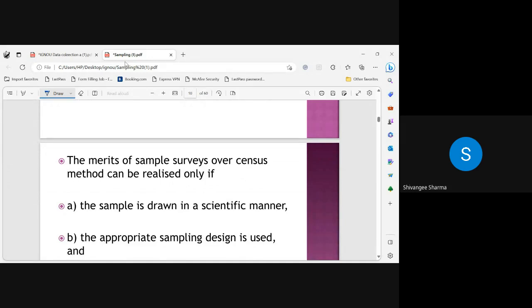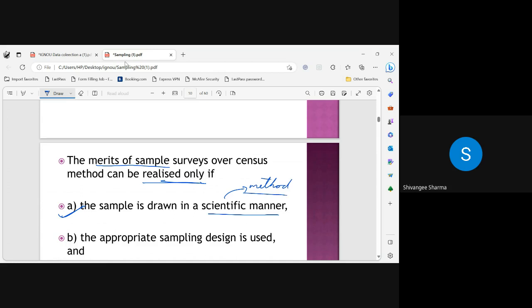Now, these were the merits of sample surveys, but they can only be realized if a sample is drawn in a scientific manner. Scientific manner is basically the method in which the sample should be drawn.